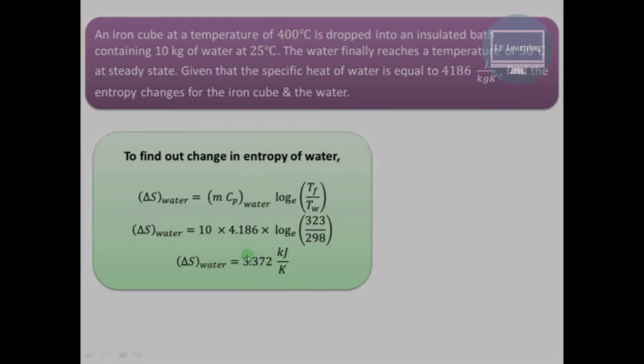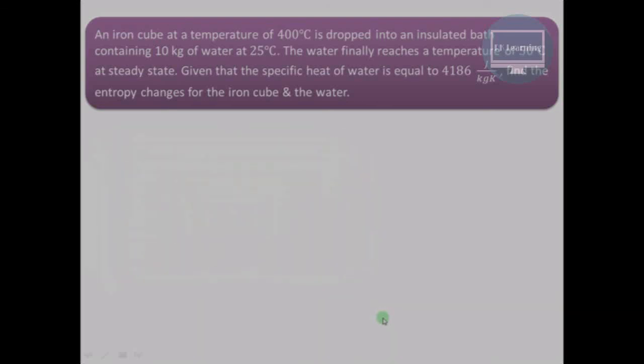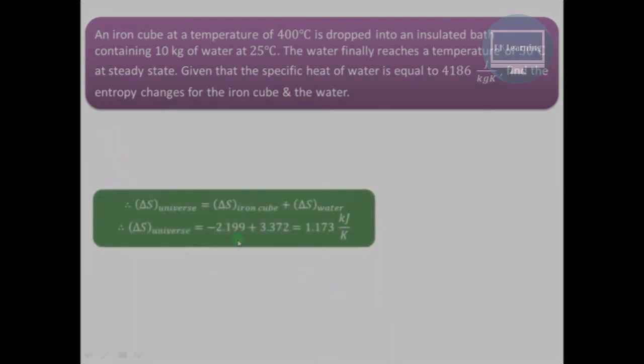As the water is receiving the heat, the entropy of the water will increase. Finally, we can find the change in entropy of the universe, that is the change in entropy of the iron cube plus the change in entropy of water. Substitute the corresponding values and you'll get a positive value for delta S universe as 1.173 kilojoule per Kelvin. So we can say that the entropy of the universe is increasing over here.